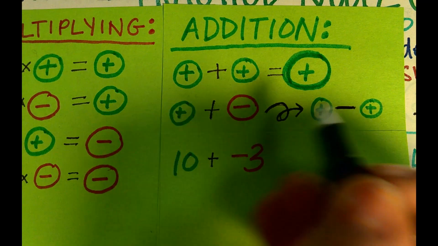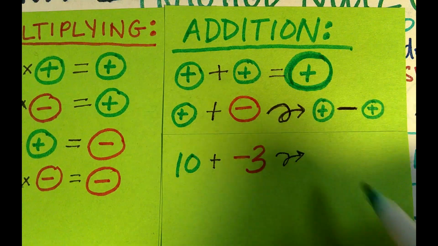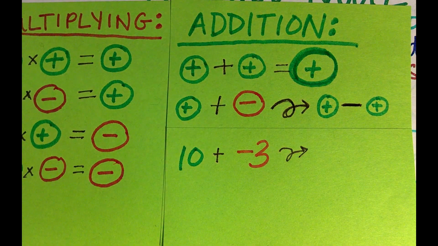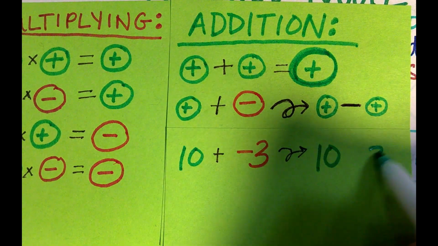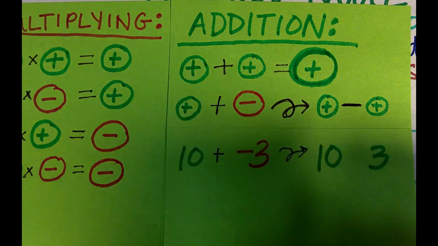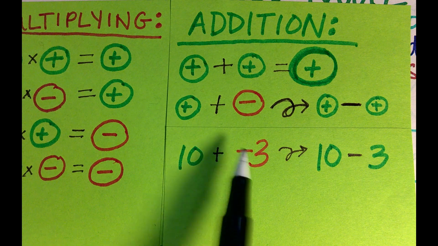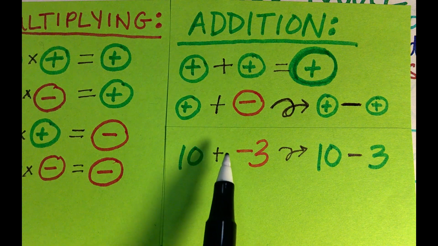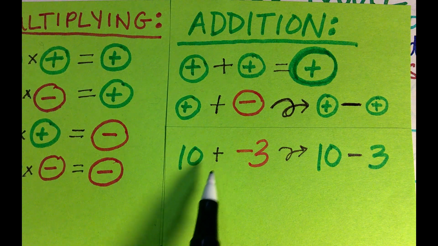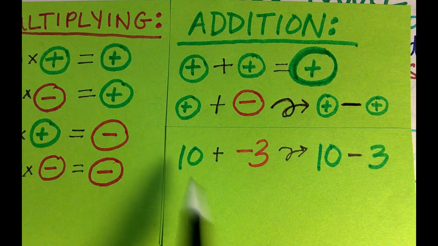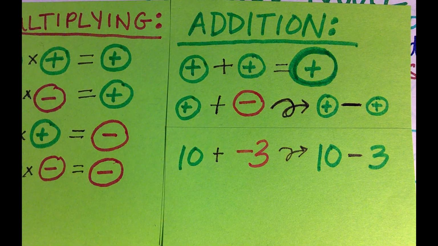That's the same thing as what? What could I change this to? Positive 10 minus 3. Yes, 10 minus 3. Okay, so just remember a negative number, that negative, acts like a minus sign. I like to think of plus more like an and sign. I'm doing 10 and -3, 10 and -3. I like to think of it as like an and sign.